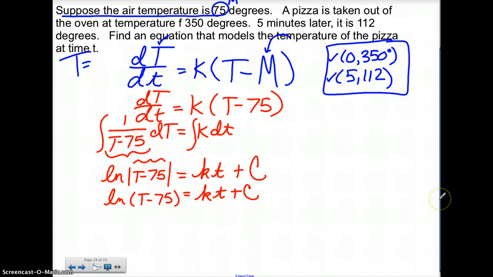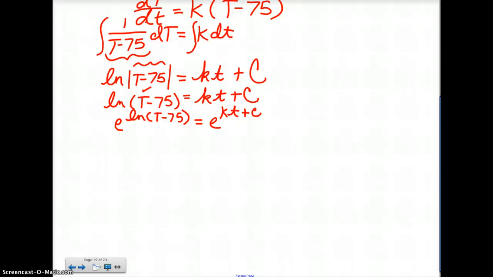All right, so next thing, in order for me to get in here at this T, I'm going to have to do my e to the ln of T minus 75 is equal to e to the kt plus c. Again, this process is so rhythmic, you're probably almost sick of it, but it is kind of important. It allows us to get a very good equation that, again, allows us to predict what's going to happen in the future or predict the amount of a quantity at a different time.